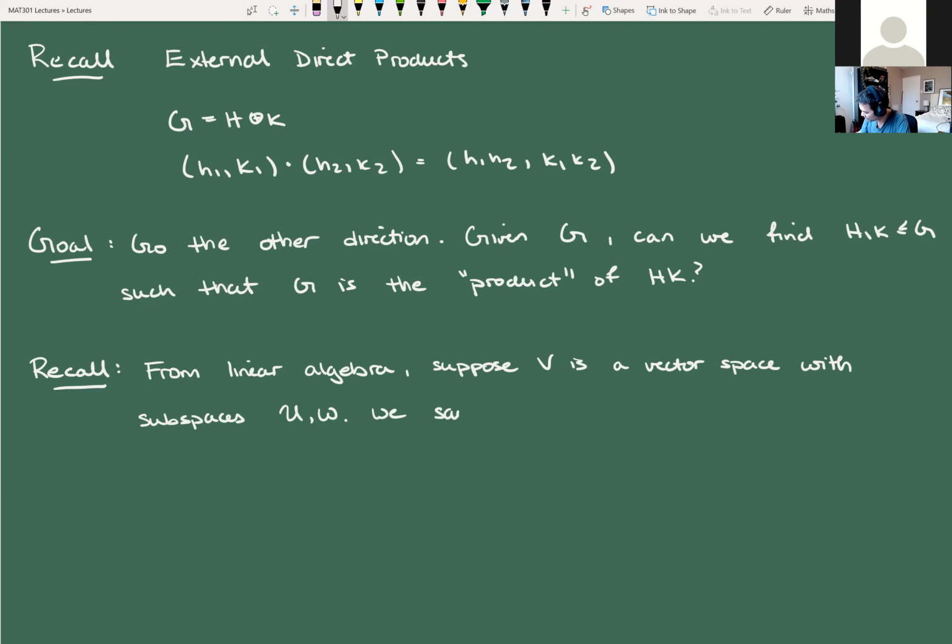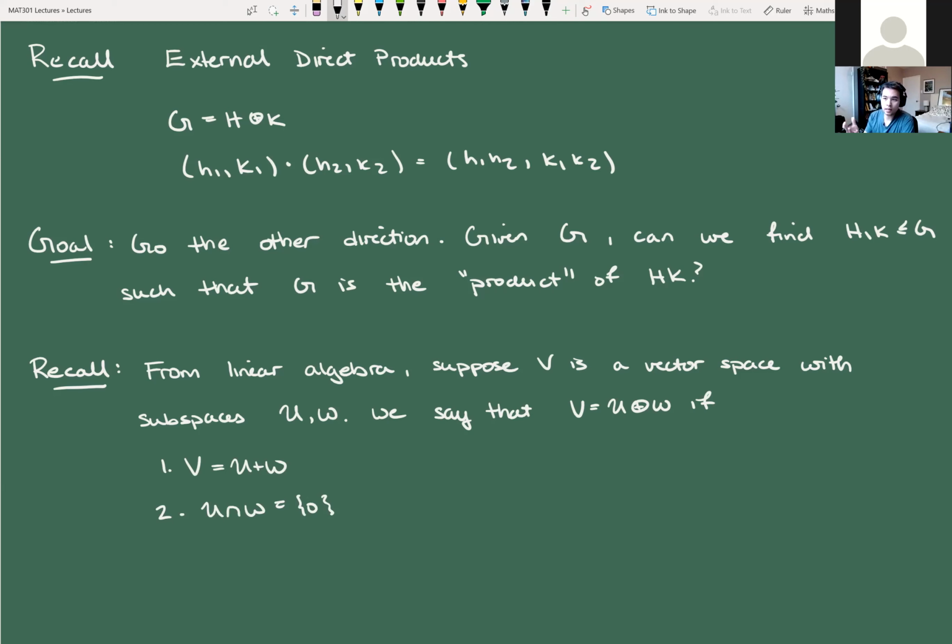We say that V is the direct sum of U and W if two things happen. One, V is equal to U plus W. And two, U intersect W is the zero vector.